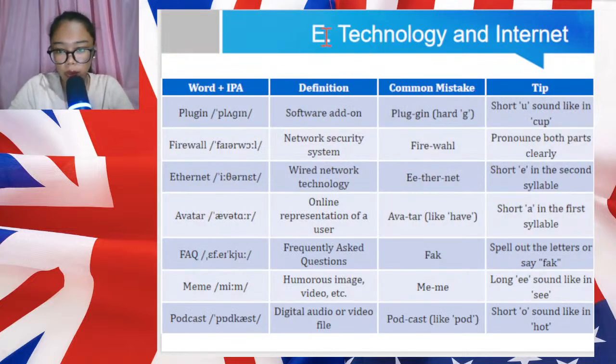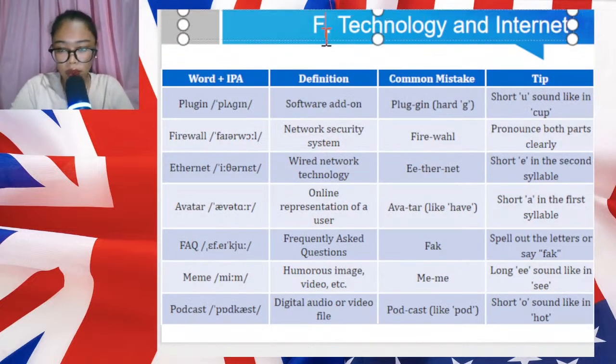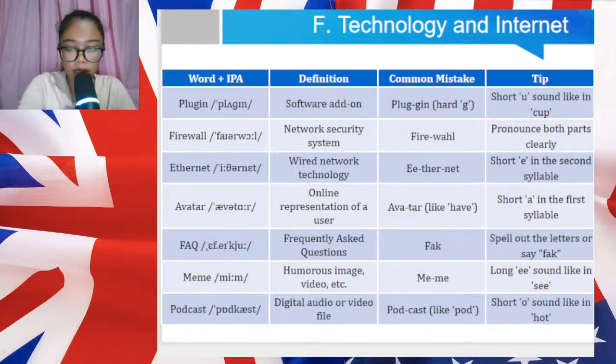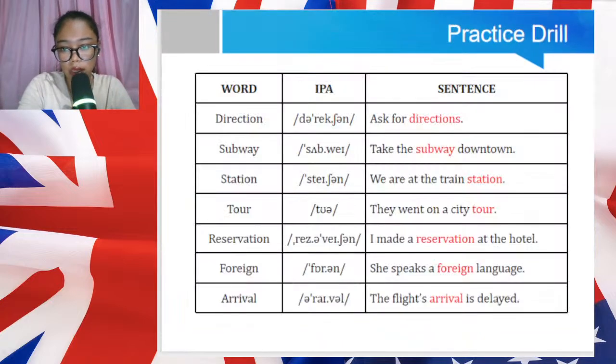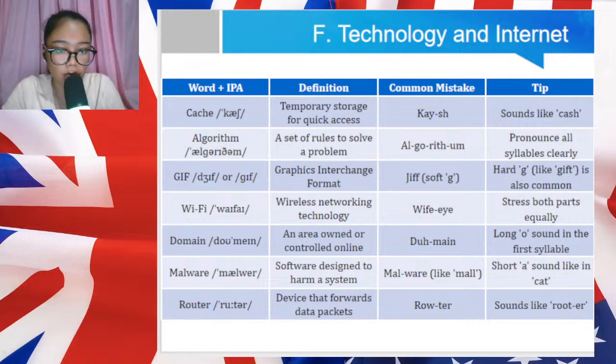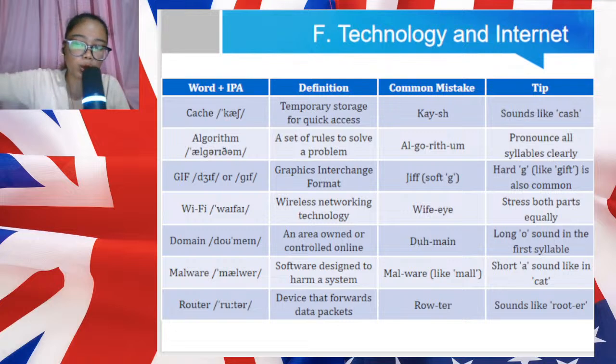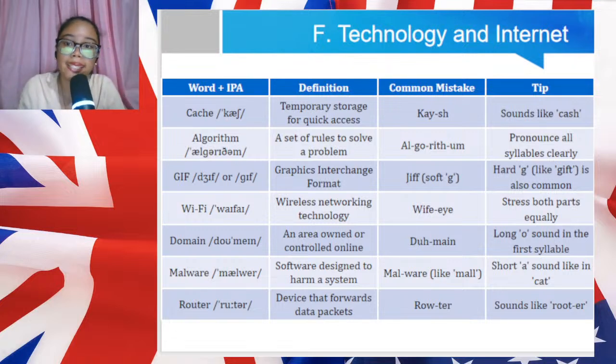Why did I include this one? Because it's also very important to know the different English terms that we use with technology and internet. Technology and internet is a trend now, right? We can't live without these two. We cannot connect online or with other people around the world despite the distance without these two.